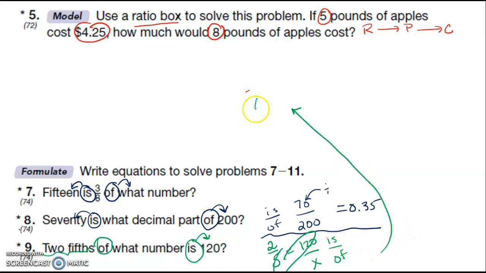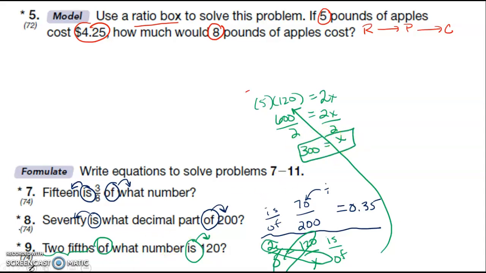So we have 5 times 120 is equal to 2 times x. Let me use my calculator to figure out what 5 times 120 is. 5 times 120, 600 is equal to 2x. So x is equal to 300.